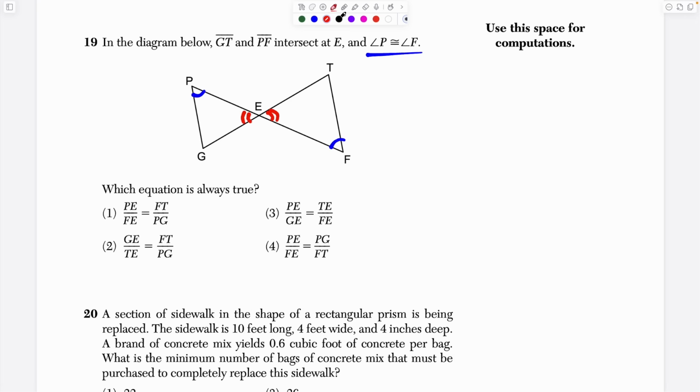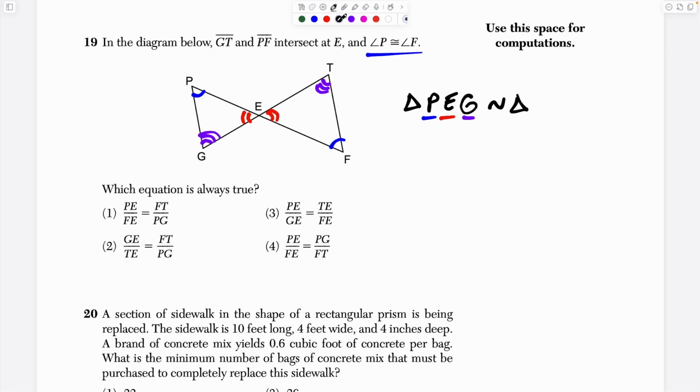And then what I could say next is that these two triangles are similar by angle, which would make the third pair of angles here congruent as well. So what I'm going to write off to the side here is that triangle PEG is similar to, and let's say I'm struggling with the letter arrangement here. You see how P was the angle marked in blue, and then E was marked in red, and G was marked in purple.